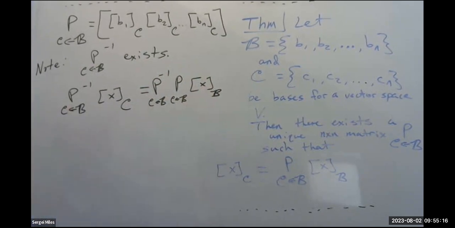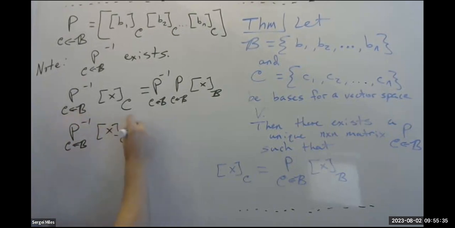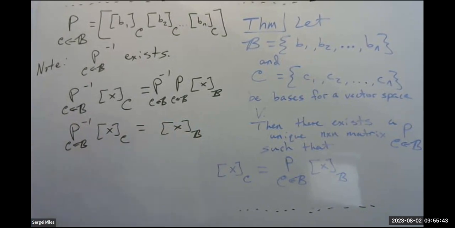Okay. But long story short, what is a matrix times the inverse? That's just the identity. What's the identity matrix times a vector? It's just the vector. So what do we have? The inverse of the matrix from B to C now tells me how to change vectors in terms of C into the B coordinate vector.